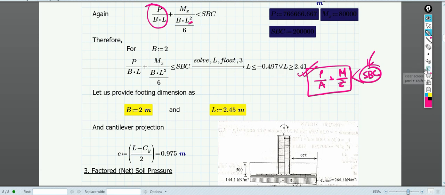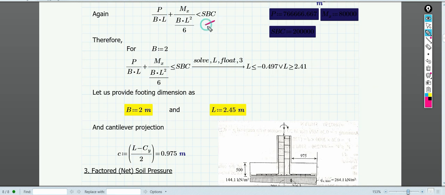To satisfy this condition, let us assume that the width of the footing is 2 meter, just an assumption. If we put the values of B, P and Mx, and it should be less than SBC, and if we solve for L, we get two values over here.